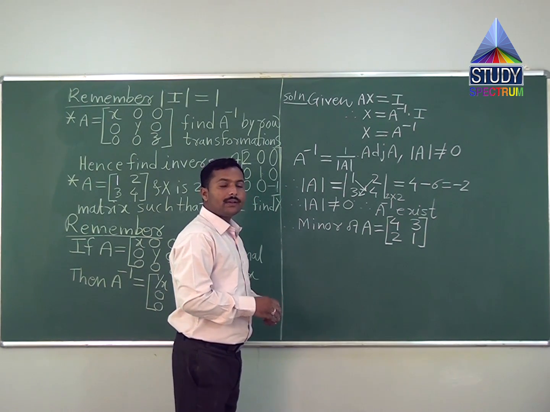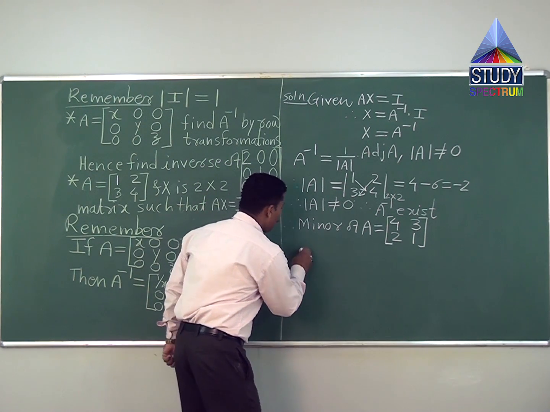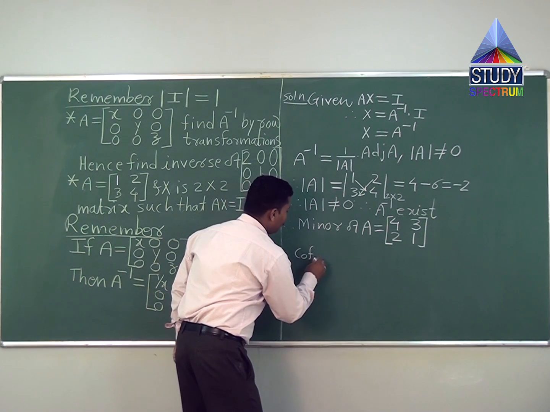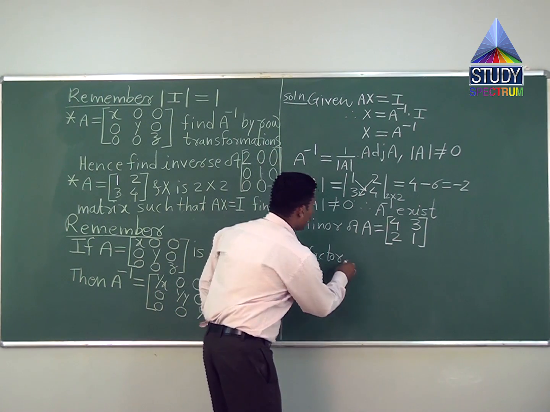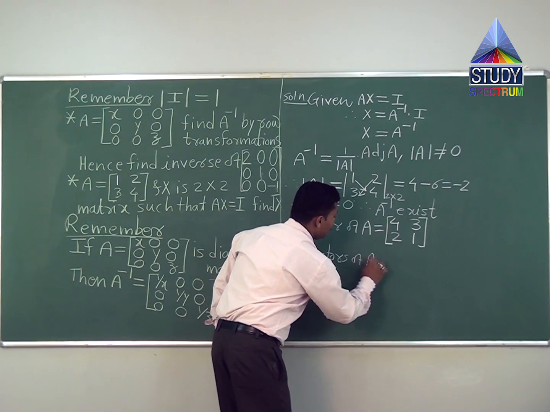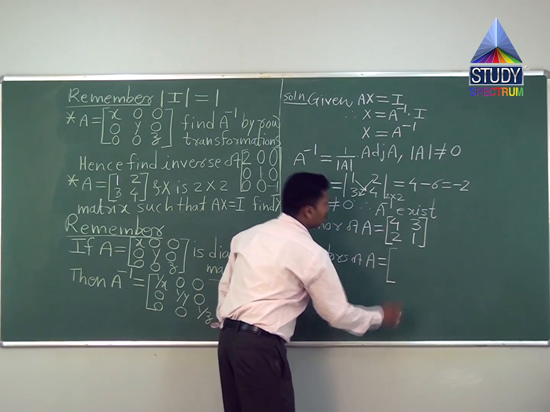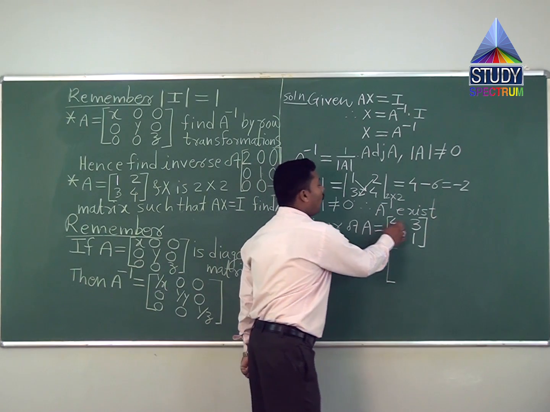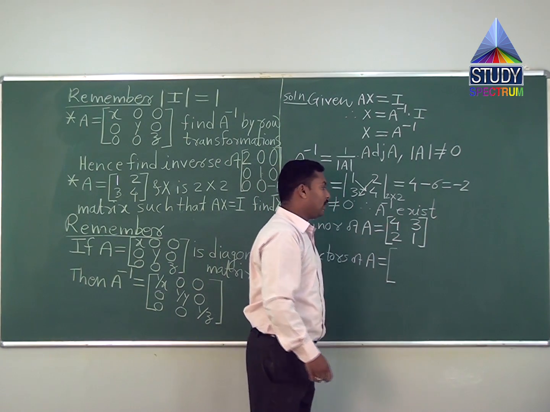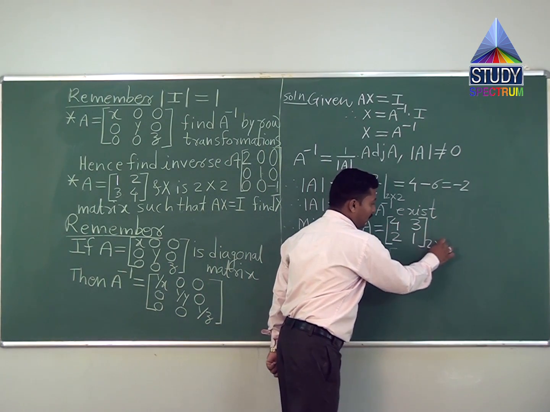Now we want to find the cofactor matrix. What are the cofactors of A? Here we have 4, 3, 2, 1, a 2 by 2 matrix.